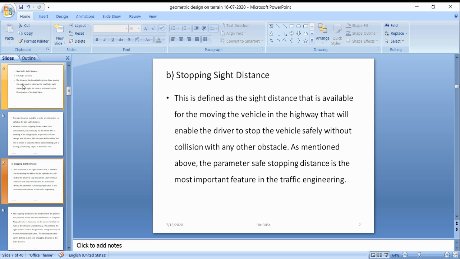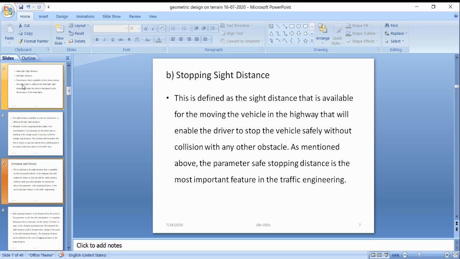So here we can see the stopping sight distance: if we apply any brake, that will enable the driver to stop the vehicle safely without collision.